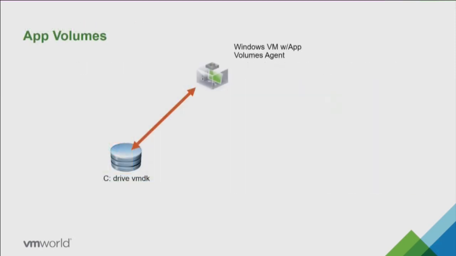So the way it works, your VM has a C disk, and we connect additional disks to that virtual machine. The App Volumes agent provides access to those additional disks. We call them app stacks, and those app stacks contain one or more applications you want to provide to that end user.